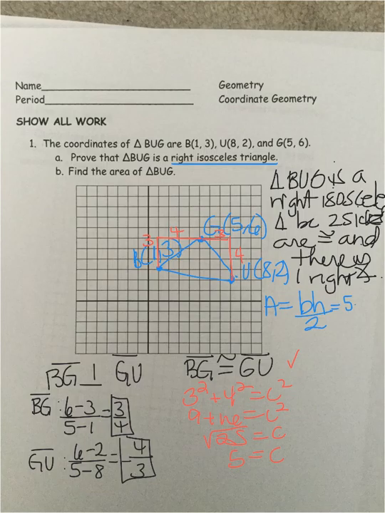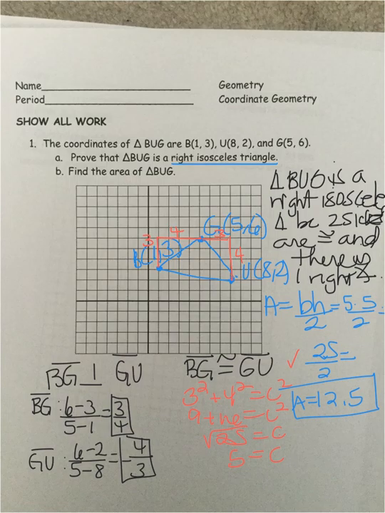So this is 5 times 5 divided in half. So 25 divided in half is equal to 12.5. A lot of work for one problem.